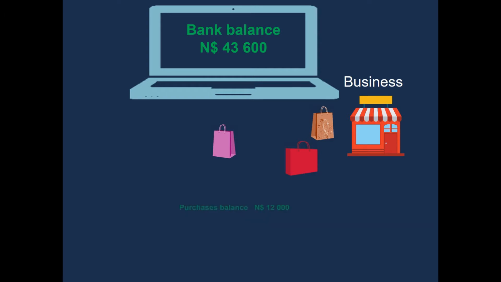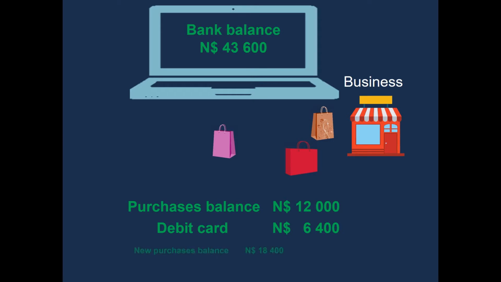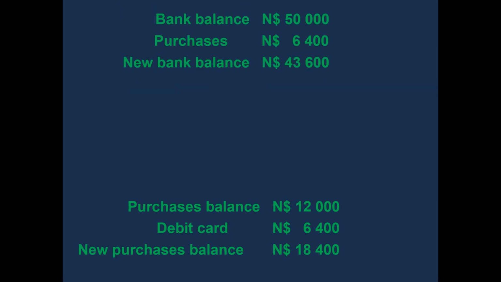And our purchases had a balance of 12,000, but after the purchase was made with our debit card, our purchases increased to 18,400 Namibian dollars. So our bank decreased and our purchases increased.